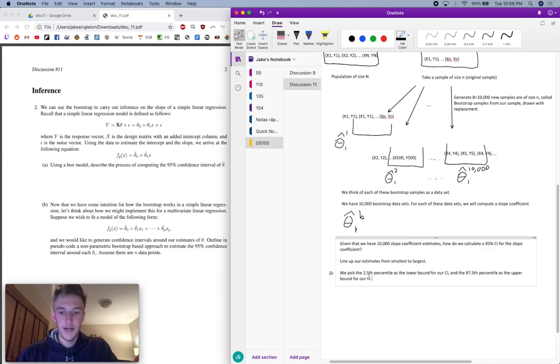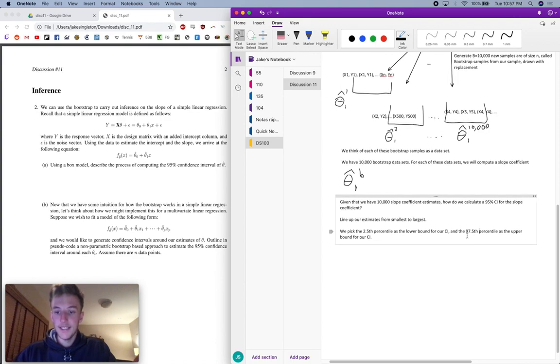This is a 95% confidence interval because remember the definition of percentile. This is important. The 2.5th percentile is the value, the estimate, such that 2.5% of all of the estimates lie below that value. And similarly, the 97.5th percentile will give us the estimate such that 97.5% of all estimates lie below this one.